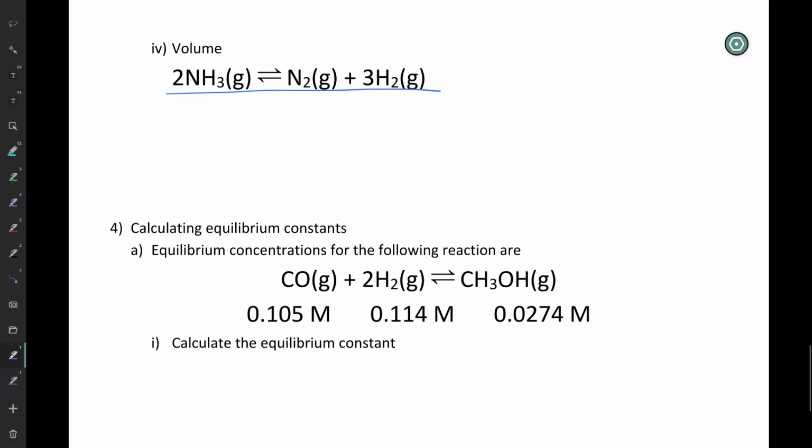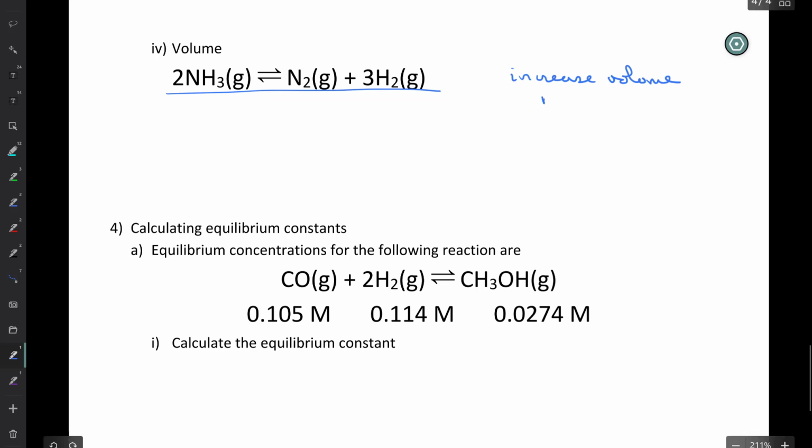Right? So if I increase the pressures, this is how they'll say it, or actually, I'll tell you how they'll say it in a question. If I increase the volume, the reaction goes to the side with more moles of gas.